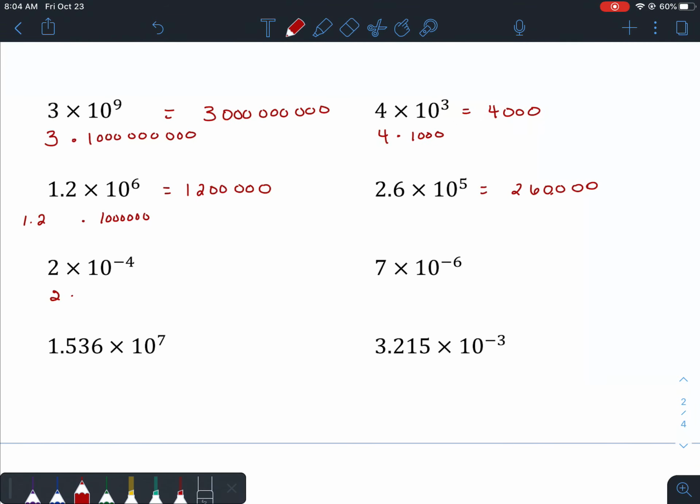Then we have 2 times 10 to the negative 4, so it's 2 times 1 over 10,000, which is 2 over 10,000. How could we write that? Two ten-thousandths, right? For 7 times 10 to the negative 6, what would that be? You guys can, of course, use your calculators for this. That would be 7 over 1 million.